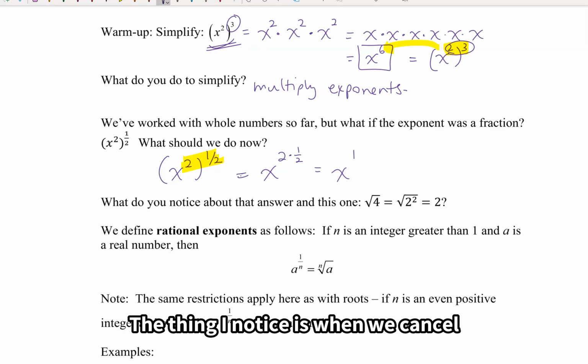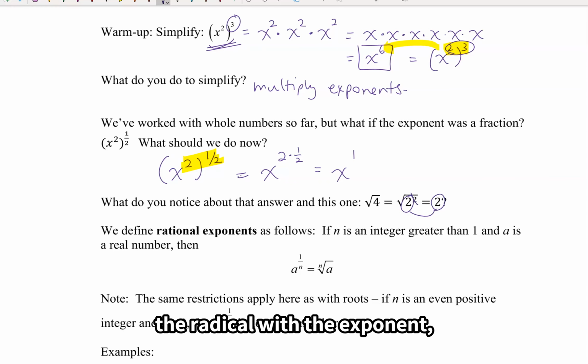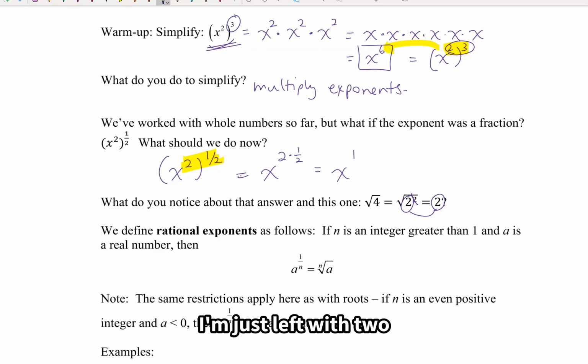The thing I notice is when we cancel the radical with the exponent, I'm just left with 2, and that's my answer. And up here, when I multiply 2 and 1/2 together, I'm left with just x, which was being raised to those exponents. So it's like the 2 and the 1/2 are canceling each other out, like the square root and the exponent down here.